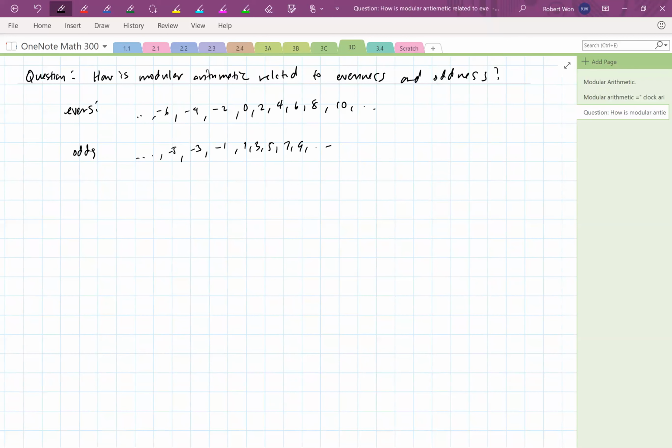What you notice, hopefully, is that the thing that seems to matter is that these numbers differ by 2 at every stage. These common differences are all 2.